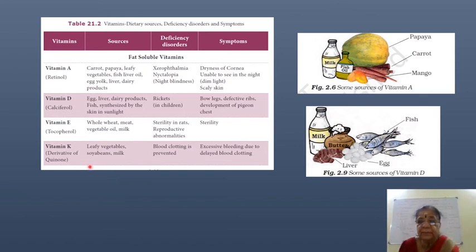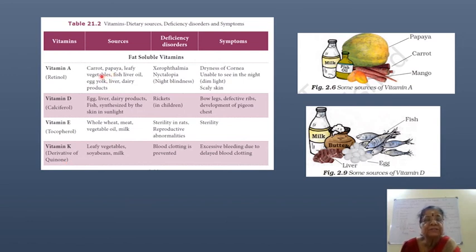I won't read it fully; you need to understand it. Vitamin A, other names are very important. Vitamin A, retinol; vitamin D, calciferol; vitamin E, tocopherol; and vitamin K, derivatives of quinone. You must know this. Right?